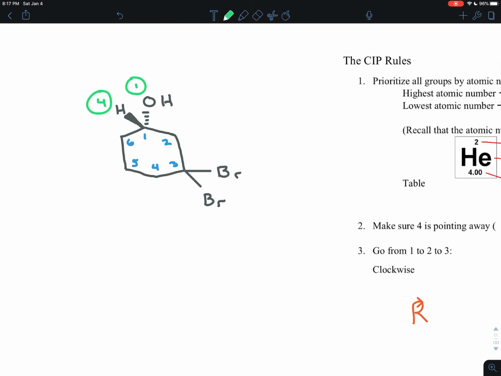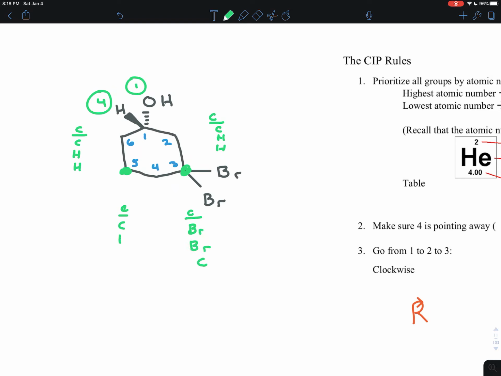Now the 2 carbons tie, and if you draw out the tables for these, and I'm just going to do this very fast because we've done this in previous videos. The one on the right is bonded to a carbon and 2 hydrogens, and the one on the left is bonded to a carbon and 2 hydrogens. And so when you compare them, they all tie. So you go to consider these 2. You draw a table for them. The one on the right is bonded to 2 bromines and a carbon.